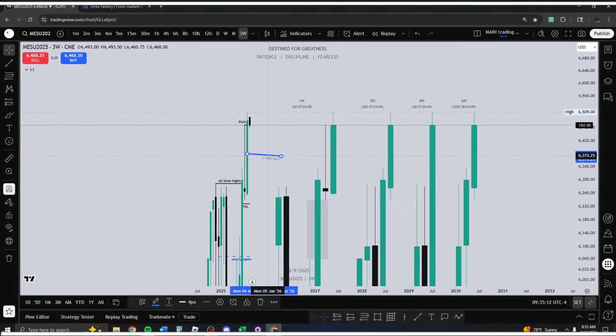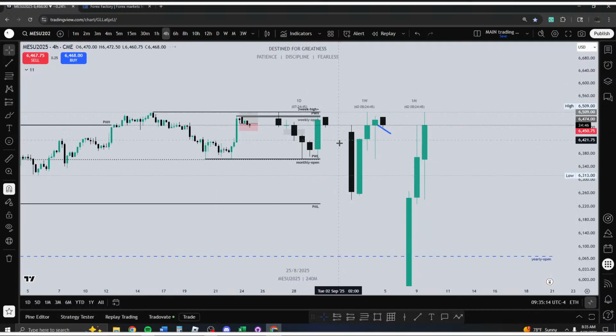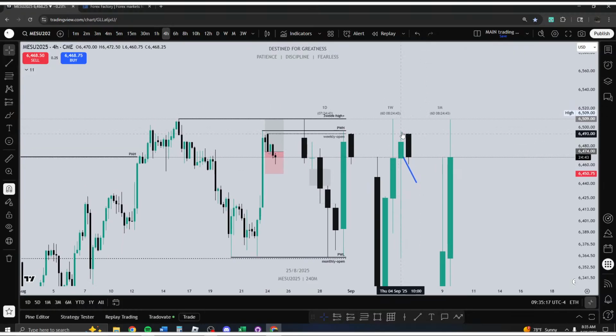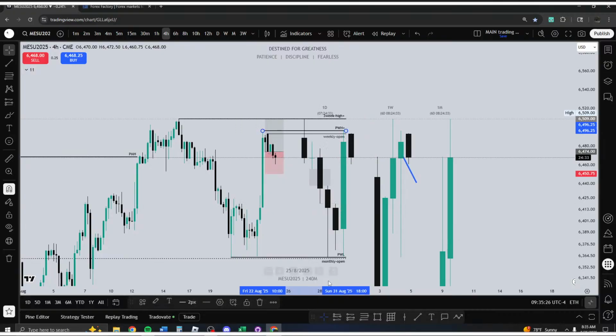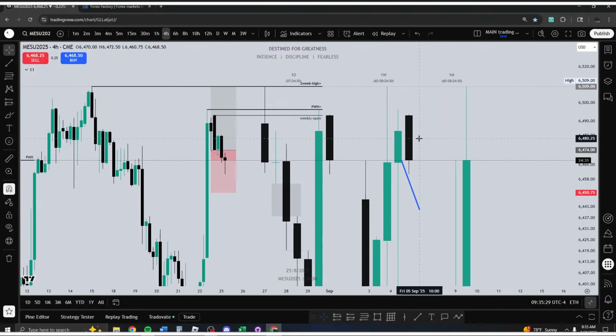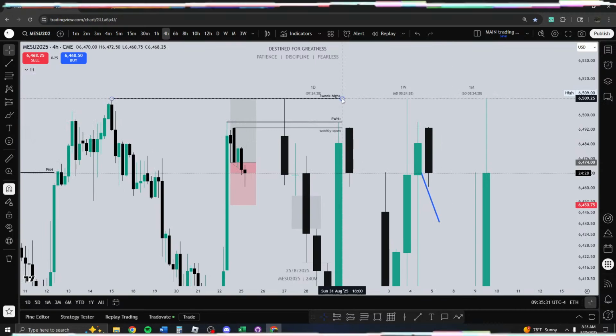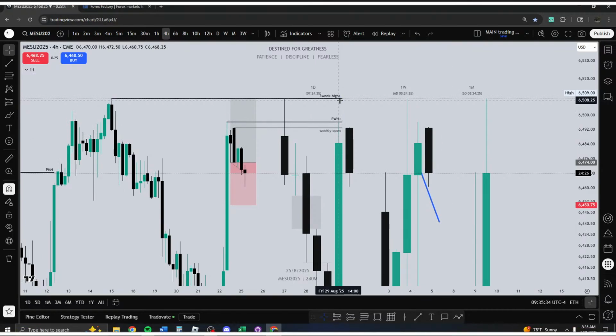Going from the 3-week time frame to the weekly time frame, I noted that the weekly high is here. That's the weekly high. And the 3-week high is different than the weekly high, but both time frames, the weekly and the 3-week, suggest the same idea.